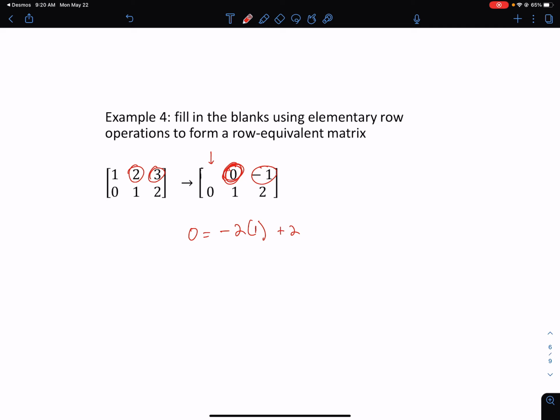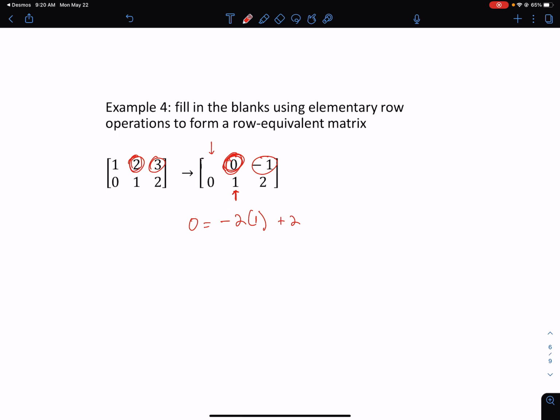It looks like I multiplied the row 2 entry underneath it, which is 1, by -2, and then added it to the original right there. So it looks like it's -2 times row 2 plus row 1.